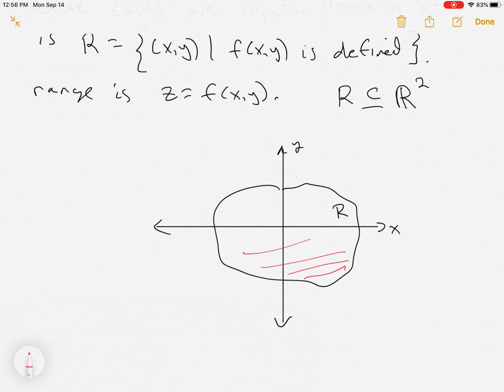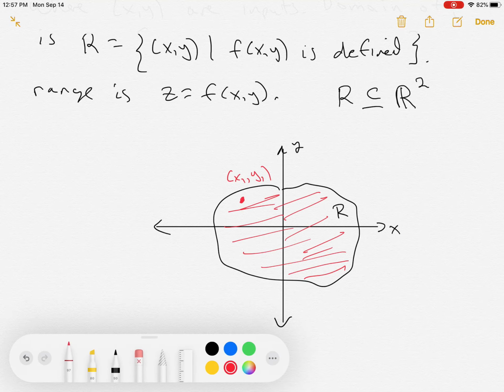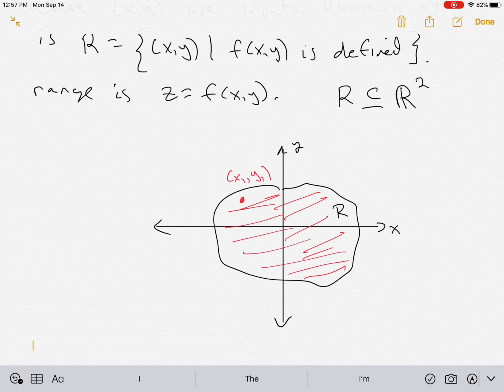All this space here, right? And one of the points in here in the domain could be x1 comma y1, right? So now the domain is ordered pairs.